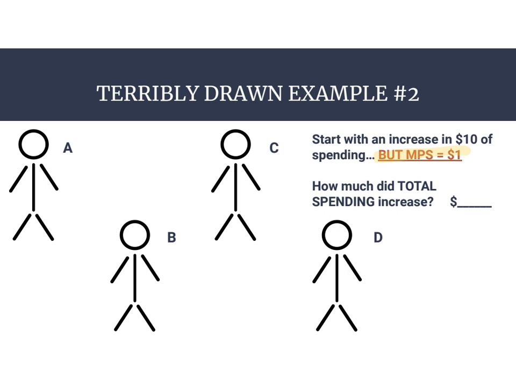Person A starts with $10, and he's going to spend $10 on person B, so we start with an increase of $10 of spending. Person B has $10 in income, so that's all the same. But the marginal propensity to save now is $1, for example's sake.